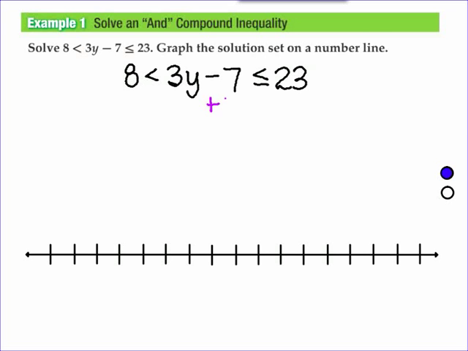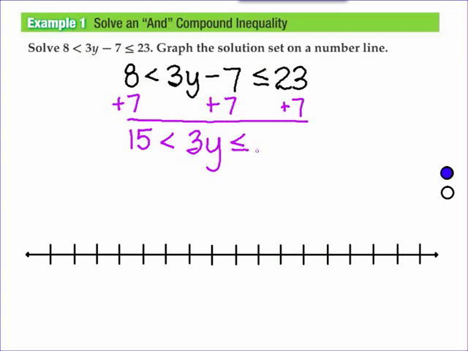Normally it would be both sides, but in this case it's 3. Notice we have 3 parts to the inequality. We have a left, we have a middle, and we have a right. So I'm going to add 7 to all those parts. On the left side, I have 8 plus 7, which is 15, is less than 3y, which is less than or equal to 30.